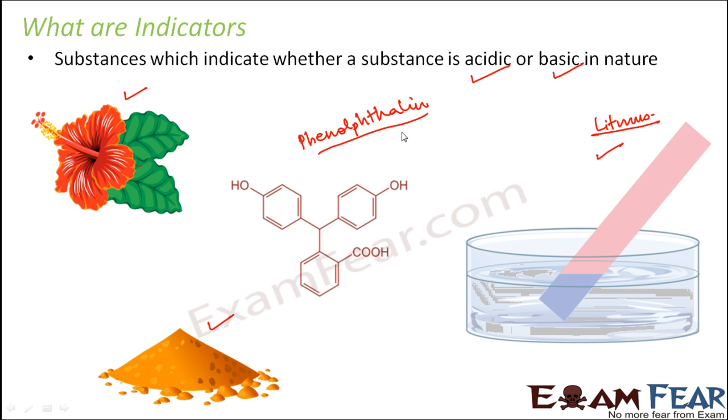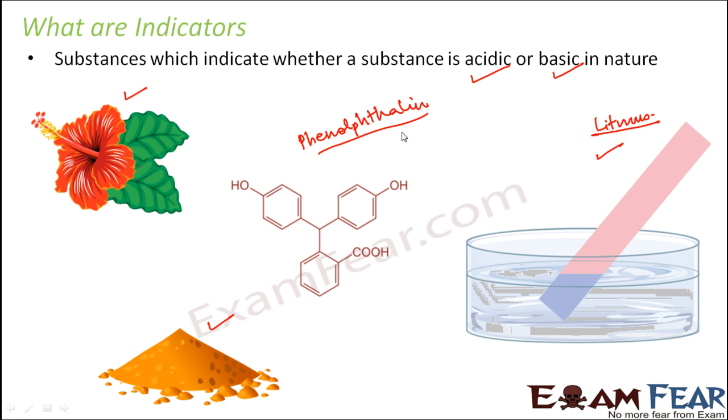Now, which property has to be present in a substance so that it can behave like an indicator? The only property that we are looking at is that the substance should be able to change its color when it comes in contact with an acidic or a basic substance, and the change in color for an acidic substance should be different from the change in color in case of a basic substance.